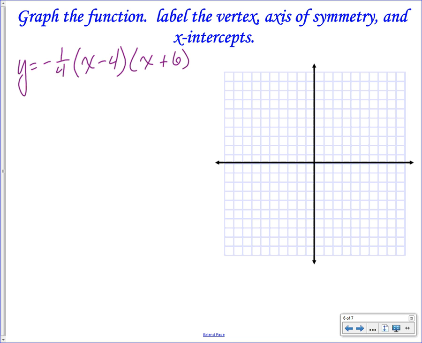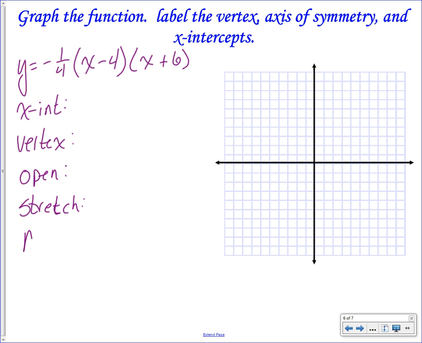So x-intercepts, vertex, opens, stretch, axis of symmetry. So what are my x-intercepts? 4 and -6. My vertex, we don't know yet.